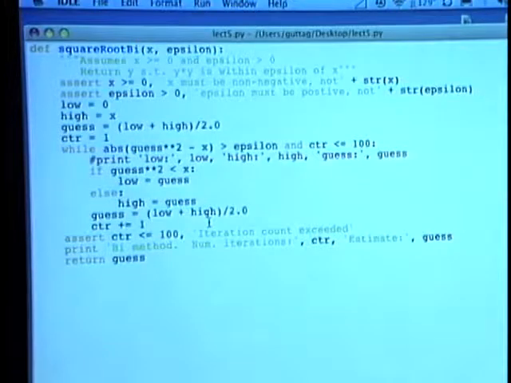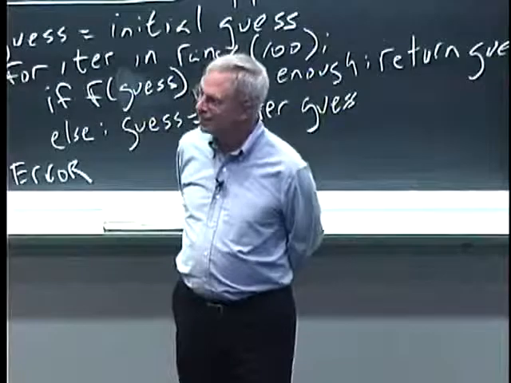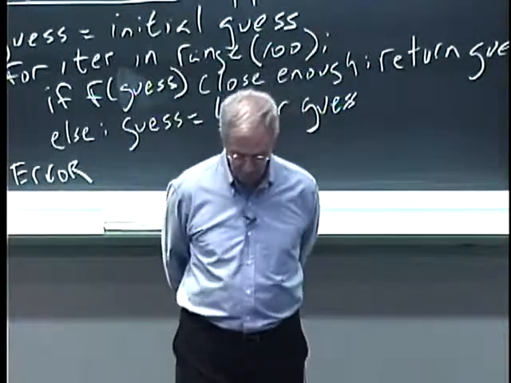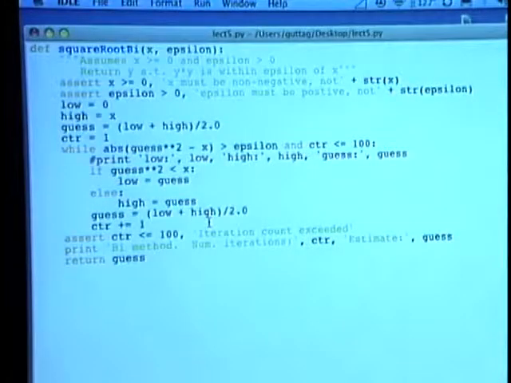I'm going to warn you right now that there's a bug in this code, and in the next lecture we'll see if we can discover what that is. So it takes two arguments, x, the number whose square root we're looking for, and epsilon, how close we need to get. It assumes that x is non-negative and that epsilon is greater than 0.